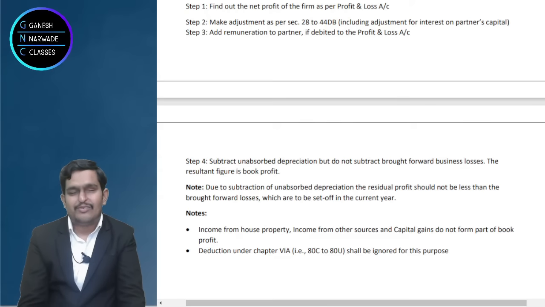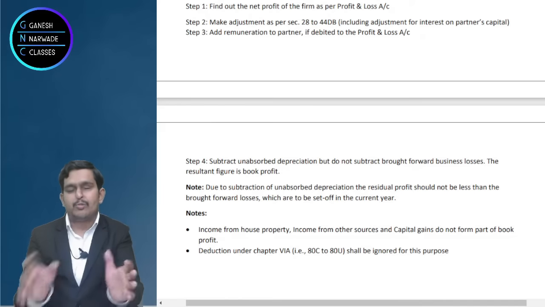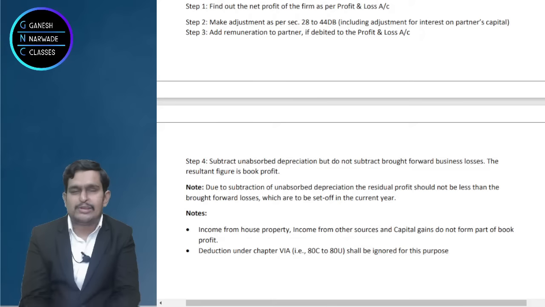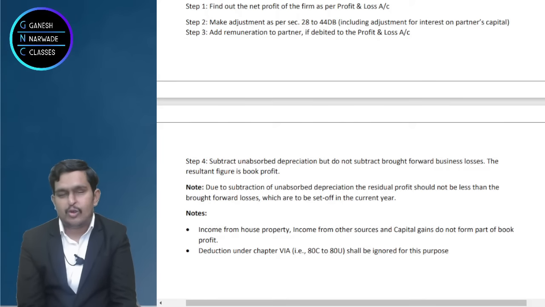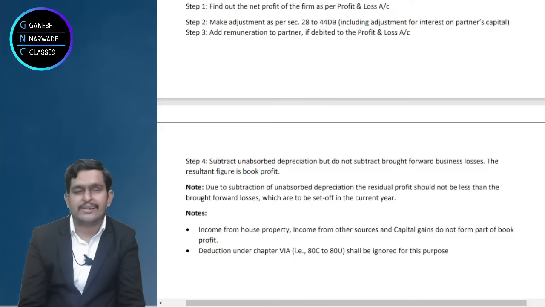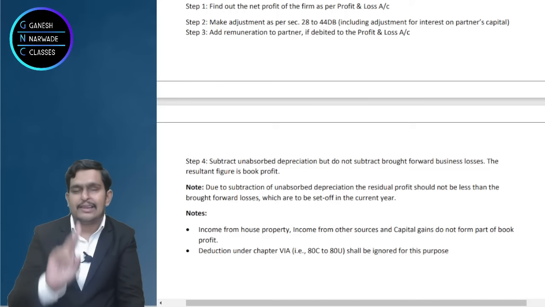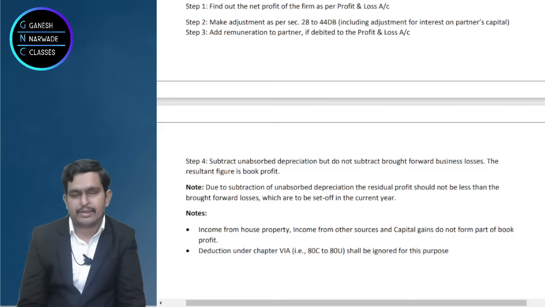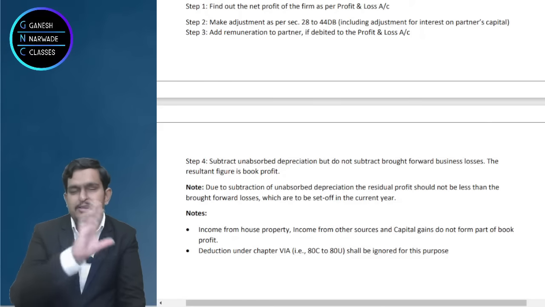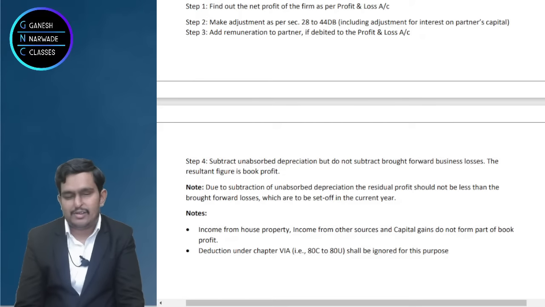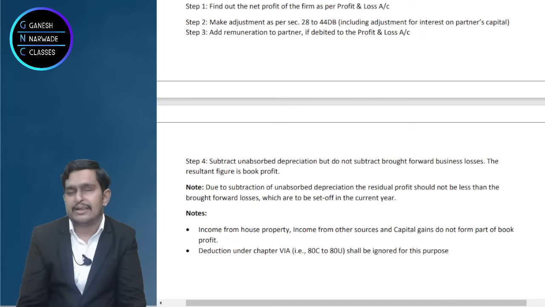Now, once we do this, we should also consider that this book profit, these computations, all relate to the PGBP head. So we have nothing to do with the house property chapter or capital gains chapter or other sources chapter. These three we will ignore till this computation. Okay? Yeah, only ensure we focus on the PGBP part.